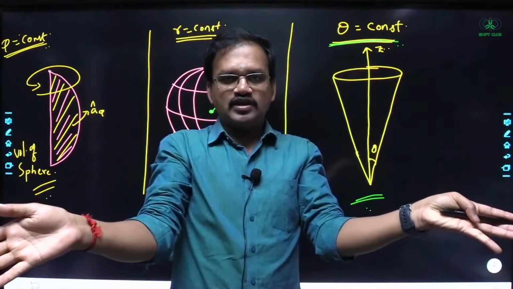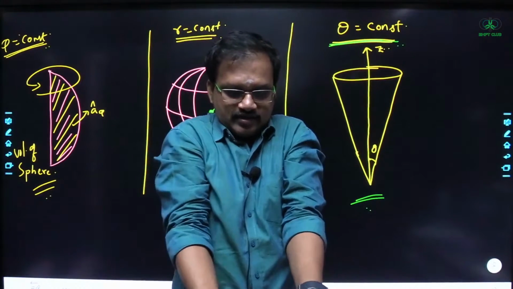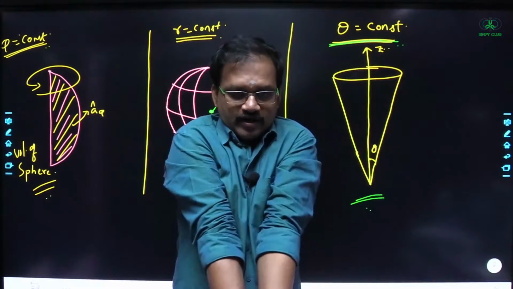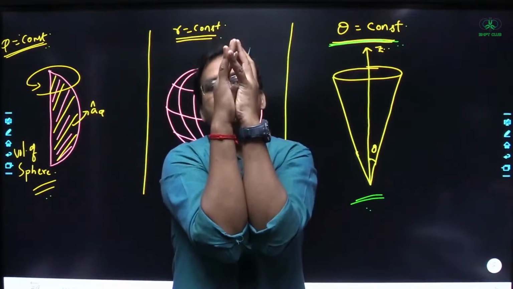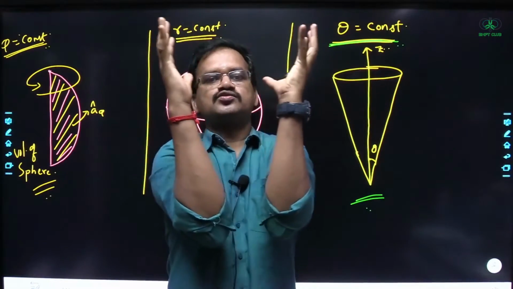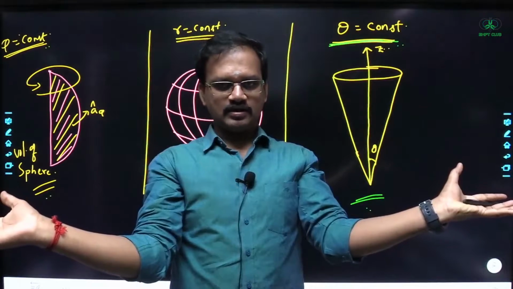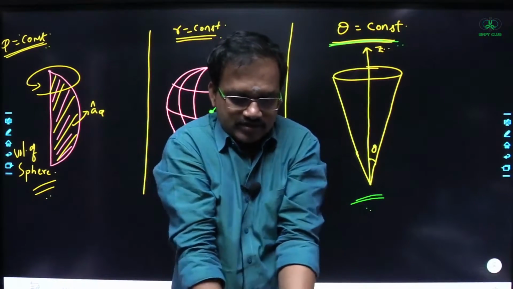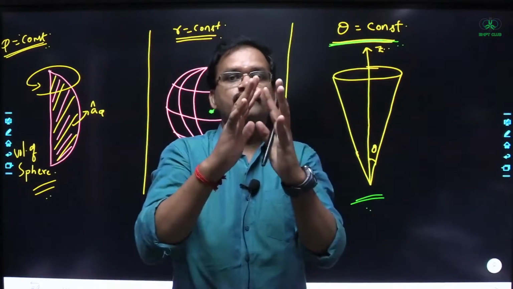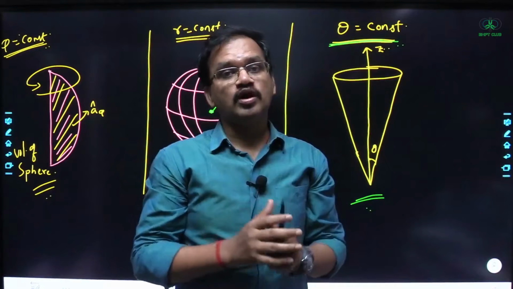Next, if theta goes beyond 90 degrees, it will go like this, and when theta equals 180, again it will become a 0 cone. So it is going to expand and become a bigger circular surface here, and again decrease, and here it becomes 0. If you combine all this, you are going to get the volume of the sphere.